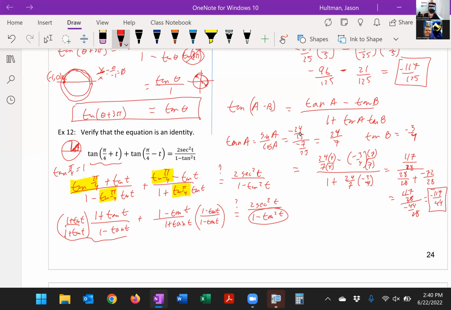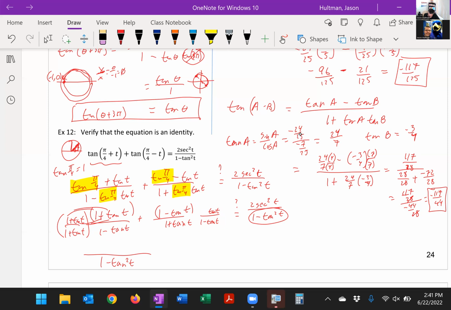The top, I get 1 plus tangent t, and I'm going to multiply this out. I'm going to FOIL this out on the top for each of these. And some nice things will happen here. So again, on the bottom, I get 1 minus tangent squared t, because it's the difference of 2 squares on the bottom.